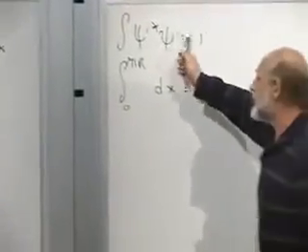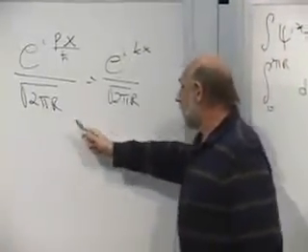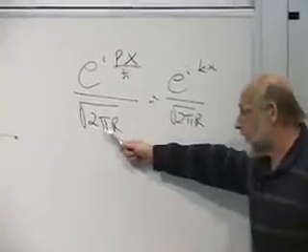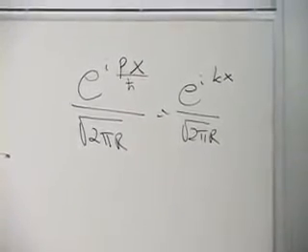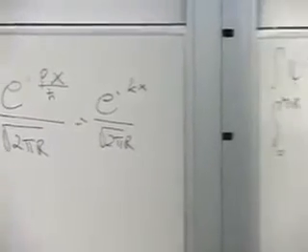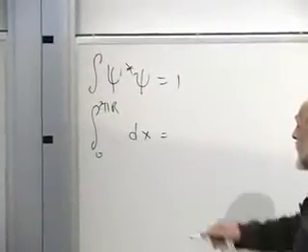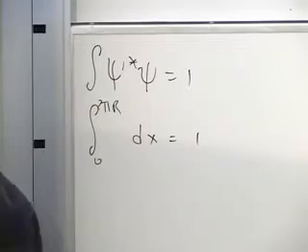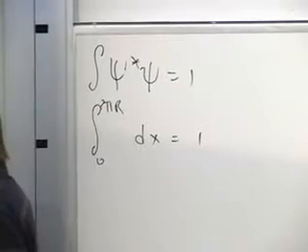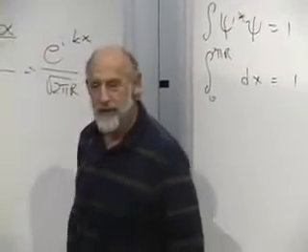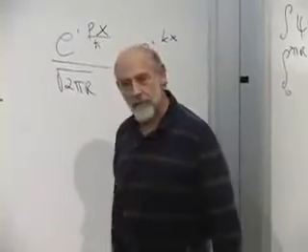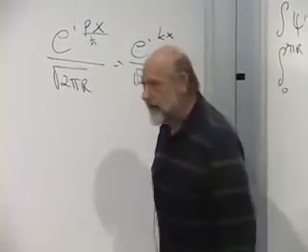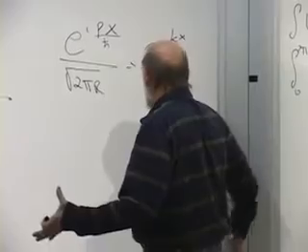Because when we multiply psi star psi, the square root from here will be squared, and the integral will be 1 instead of what I have there. Okay, I only mention this because you're going to see 2 pi's all over the place. This is where they come from. They're not very interesting, but that is where they come from.